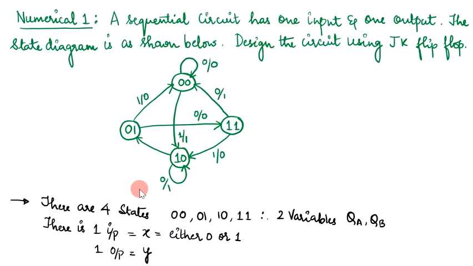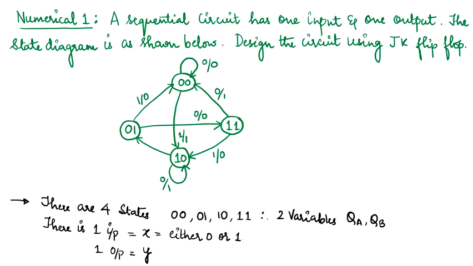They can give you any state diagram and they can ask you to design the circuit using any type of flip-flop. Not necessarily it should be a JK flip-flop. How to identify how many variables are required is clearly based on the number of states. So looking at the states, you can identify how many variables would be required. You can see that since these 4 states have to be represented using 2 variables, that is why 2 variables QA and QB are used.